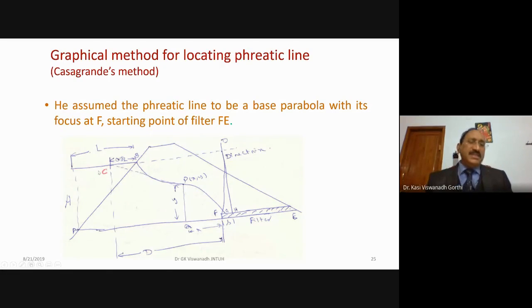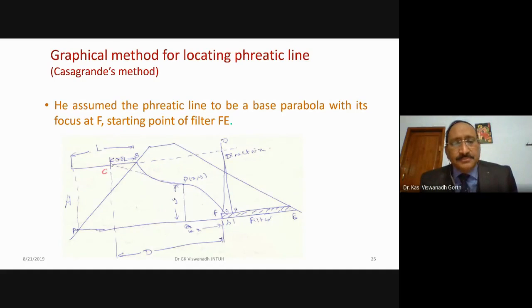What is point C here? Point C is taken from point B, measured for a distance of 0.3 L. What is L? In the figure, if you take the horizontal projection of the slope AB, its length will be L. So at 0.3 L you get the point C, which is the starting point of the base parabola.